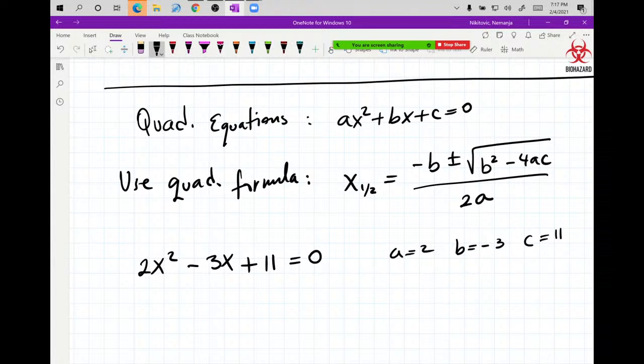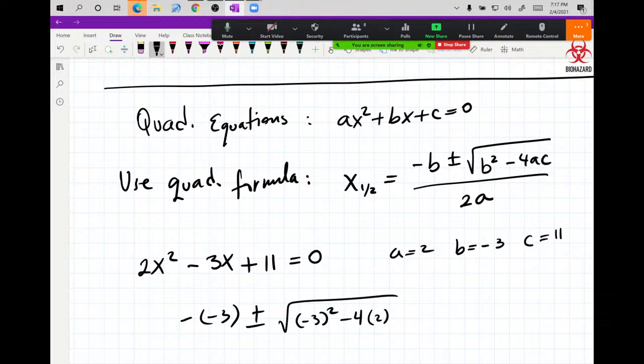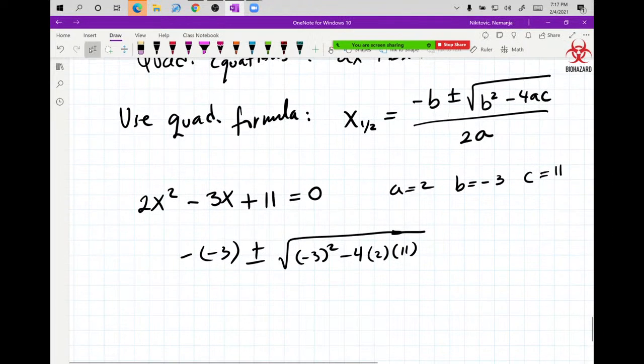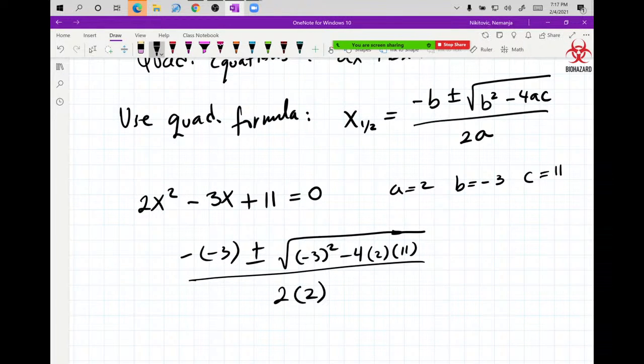So I stuff those in and get negative 3 plus minus square root of negative 3 squared minus 4 times A, which is 2, times C, which is 11, divided by 2 times A, 2 times 2.